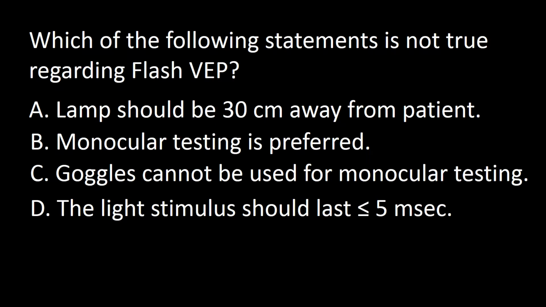Next question. Which of the following statements is not true regarding flash VEP? A. Lamp should be 30 centimeters away from the patient. B. Monocular testing is preferred. C. Goggles cannot be used for monocular testing. D. The light stimulus should last 5 milliseconds or less.